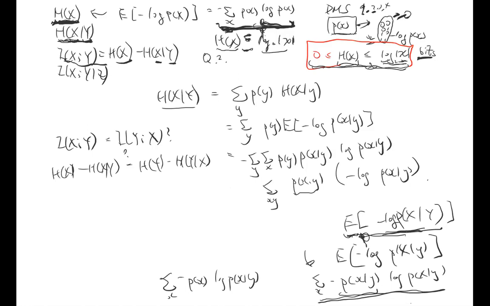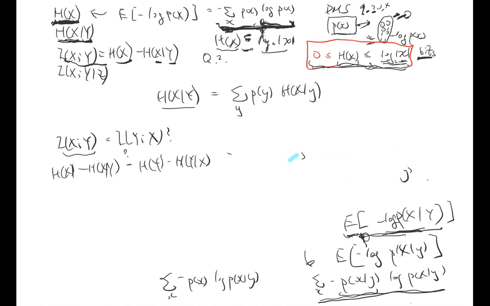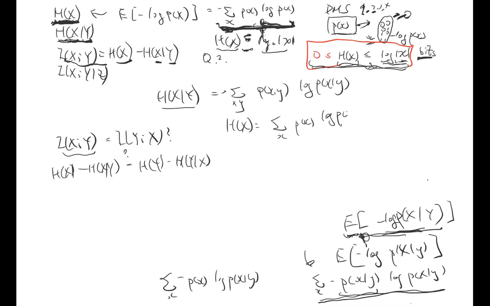So let's look at what I(X;Y) is, by the way, in the summation form. As I said, H(X|Y) is really just minus the sum of p(x,y) log p(x given y), with a minus sign here. And H(X) is equal to minus the sum over x of p(x) log p(x), again in summation form with a minus sign.